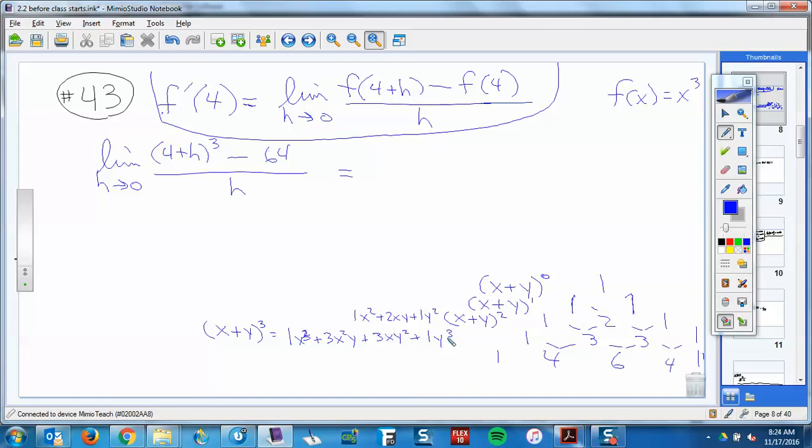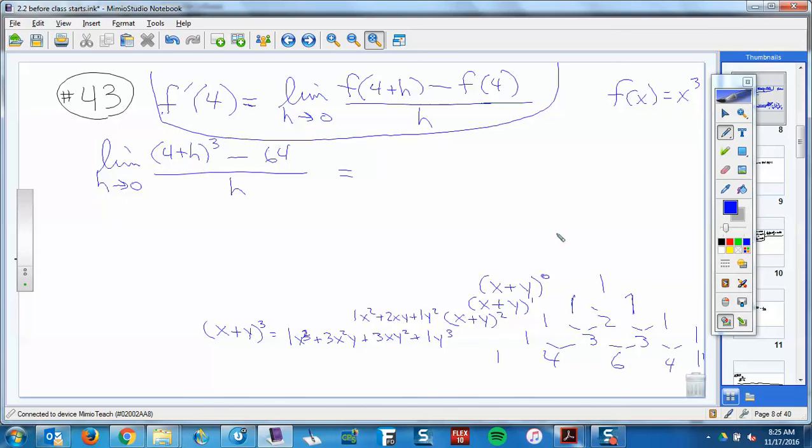Y started out with none of them, then 1y, then y squared, then y cubed. See what I'm saying? So I could do this with this. Now, I'm not saying you have to do this. You can do what Will said, right? You can do that. But what if you had 4 plus h to the 6th? That would be a lot of fun, right? I'm probably not going to make you do 4 plus h to the 6th, so you don't have to worry about it, right? But knowing this is kind of cool.